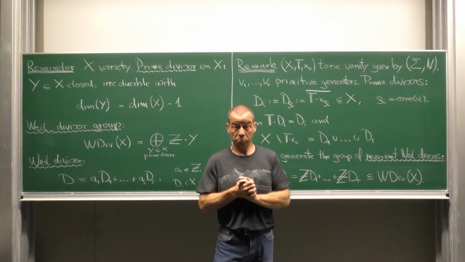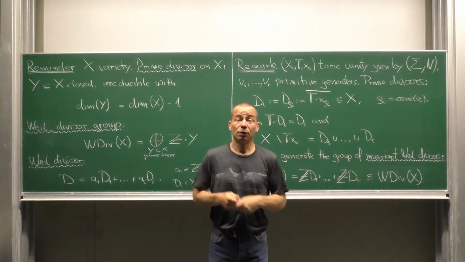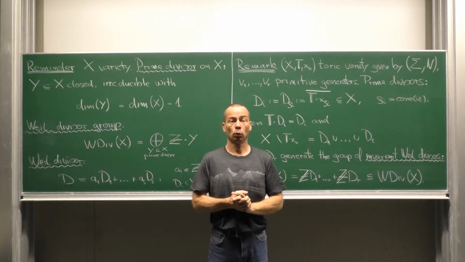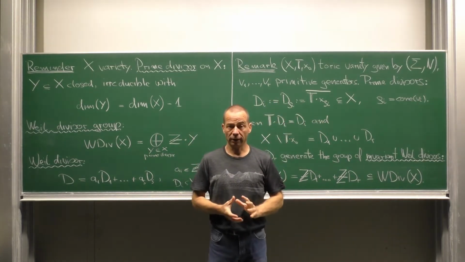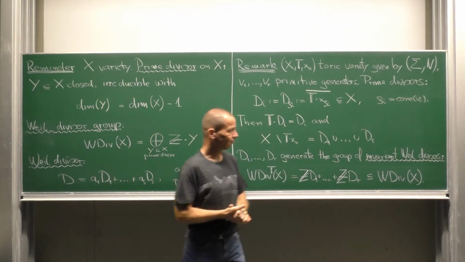This is a prime divisor. Indeed, our ray ρ_i is of dimension 1, so the corresponding orbit closure D_i is of codimension 1 in X.